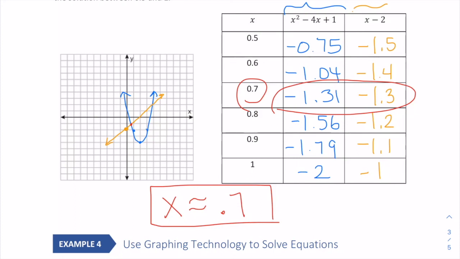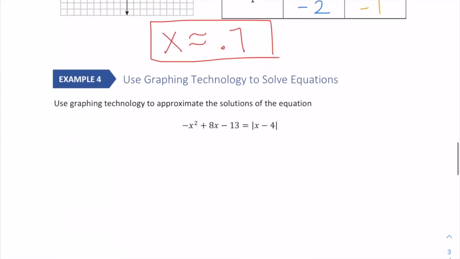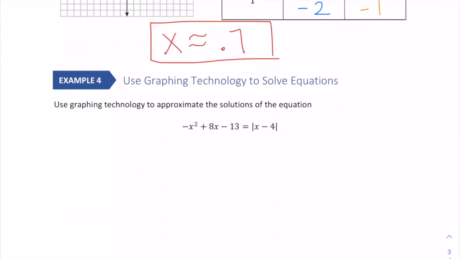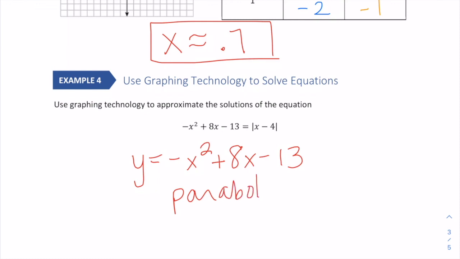Now let's go to using some of their graphing capabilities. So you can use a graphing calculator for this one, or you can use Desmos. And for this one, I'm going to again separate this into two equations. So we know that the first one is going to be a parabola, right? Because x squared, it's a squared function.